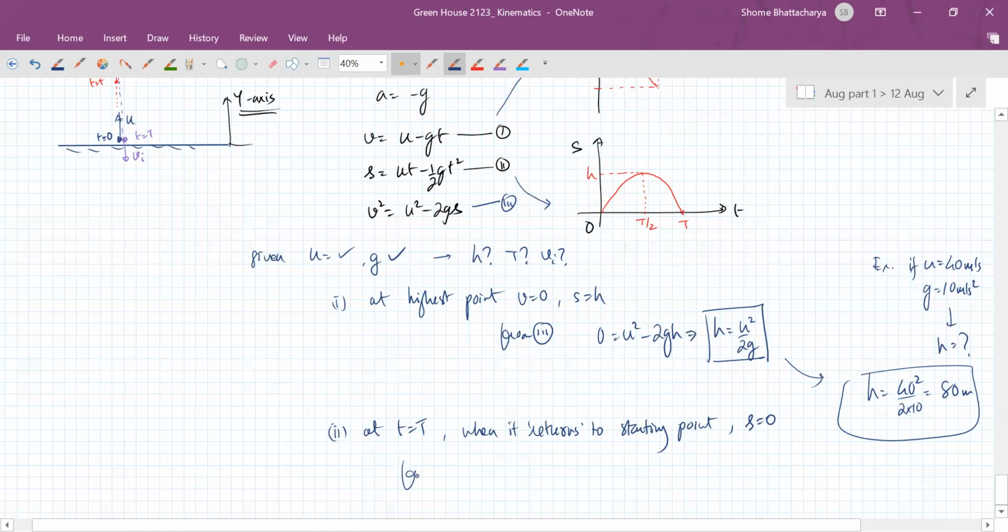So from equation 2, you can see that 0 is equal to ut minus half gt square. So from this we get the value of time as 2u by g. So in this case, it would be 8 seconds.